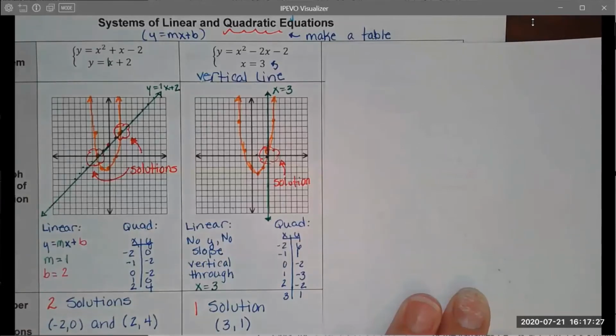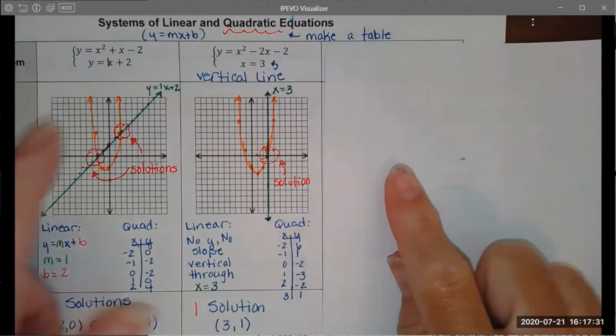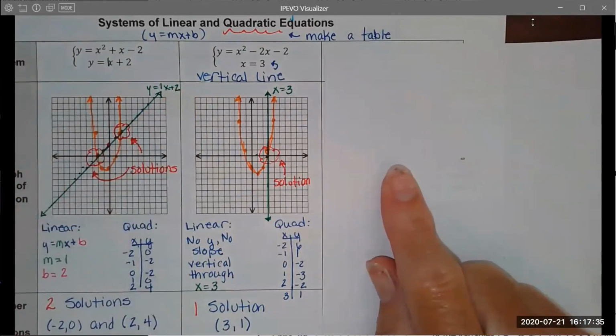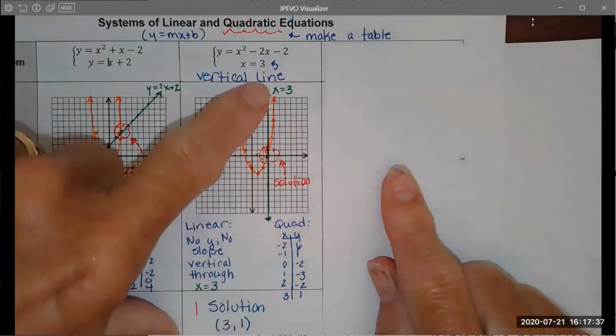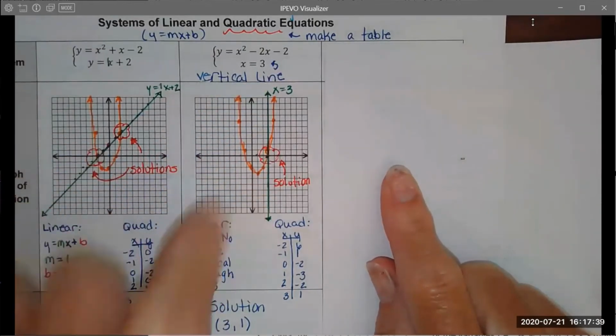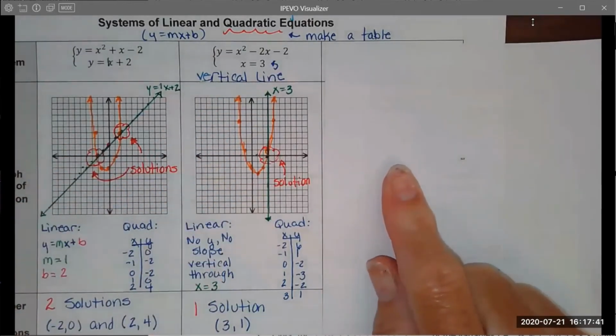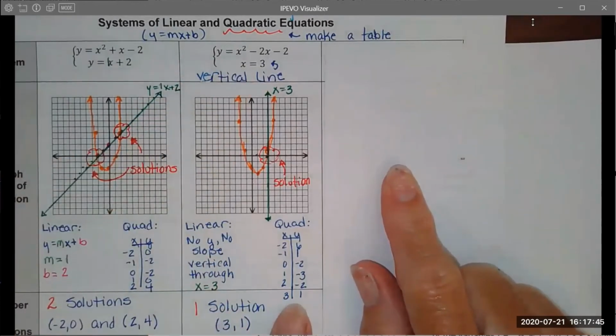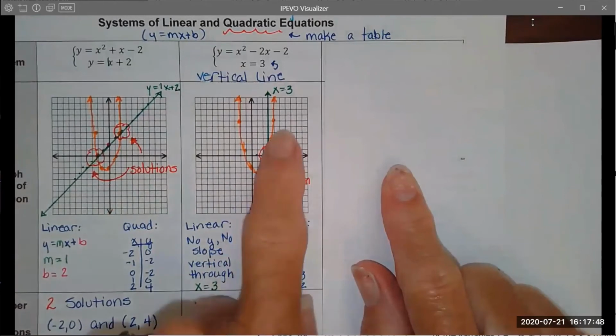All right, I'm showing you the notes that I have posted online. As I said, this second linear equation is a vertical line, so I went ahead and drew that vertical line through the point x equals 3. And then I made a table for my quadratic function and sketched it out.